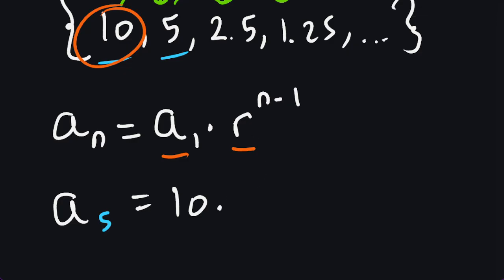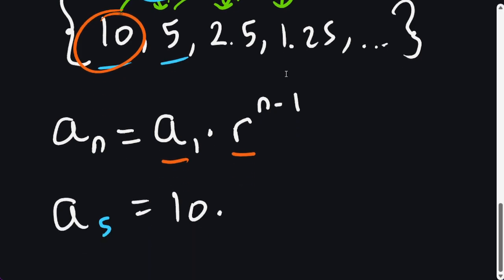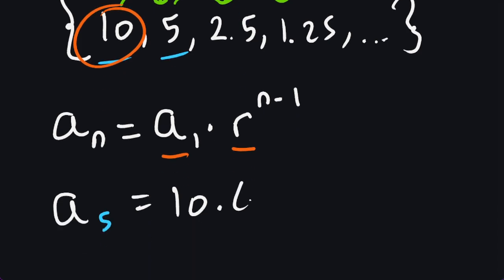times r. So what's the common ratio for this one? The common ratio for this is 0.5. So times 0.5 to the power of n, which is 5, minus 1. So 5 minus 1 is 4.